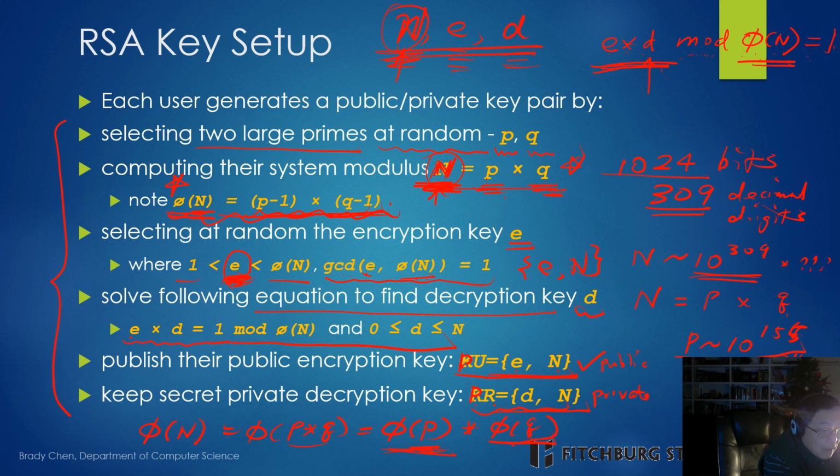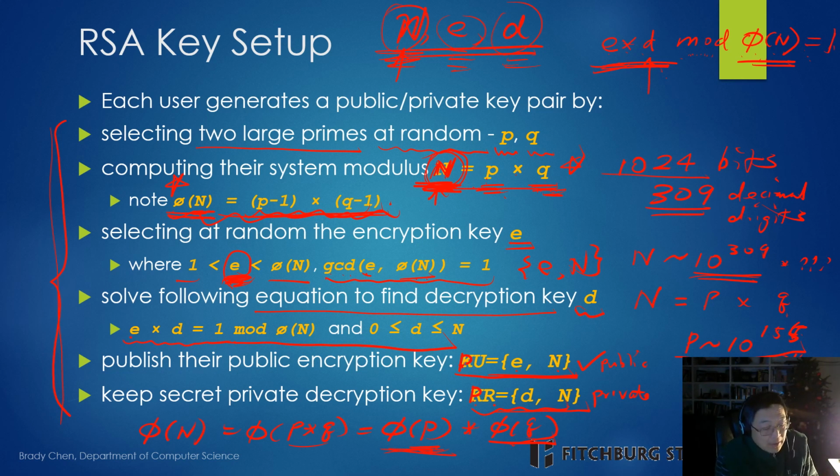So this is very important. This is the way we can, for each user, find a value N, a value E, and a value D, which make the public key and private key.